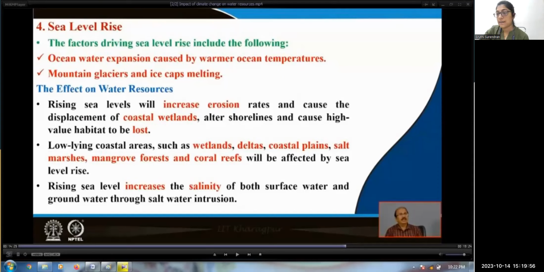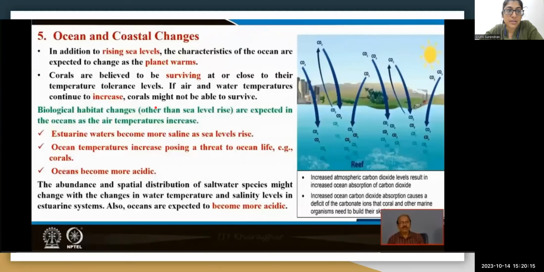Now, when this water level increases, the salt water is going to encroach into these lands. Not only lands, but it is also going to enter into groundwater and deteriorate the quality of groundwater. So this is the impact of rising sea level on water resources.